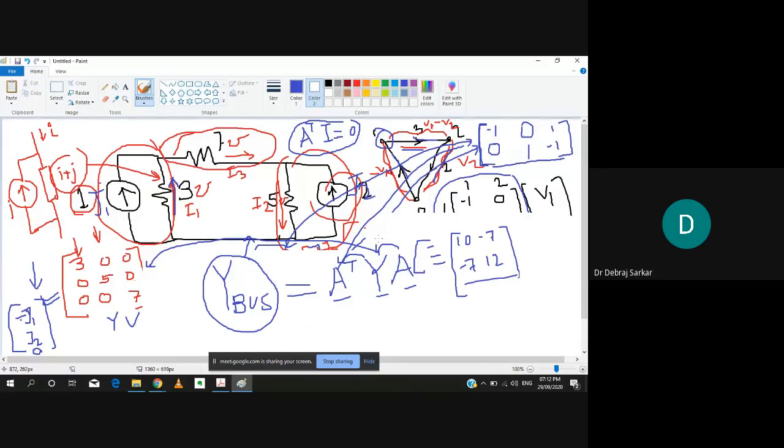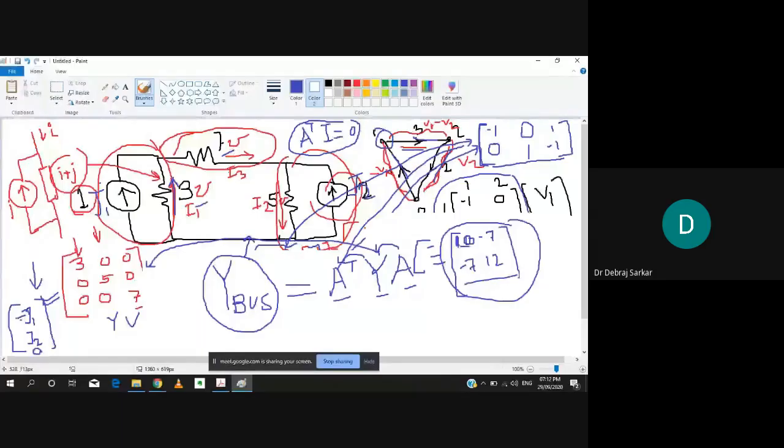I'll just give you one example. Why have I written this? Because this is your self admittance. There are two nodes. Admittances 7 and 3 are connected to node 1, so the self admittance becomes 7 plus 3. Self admittance for node 2 is 12, because of 5 and 7.